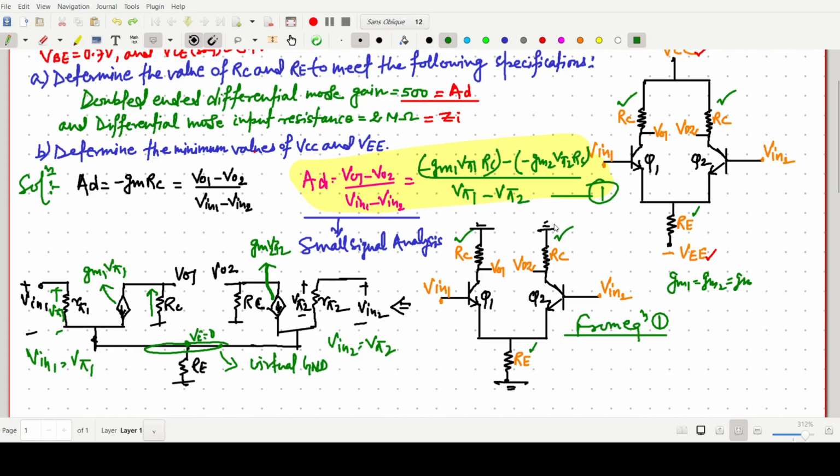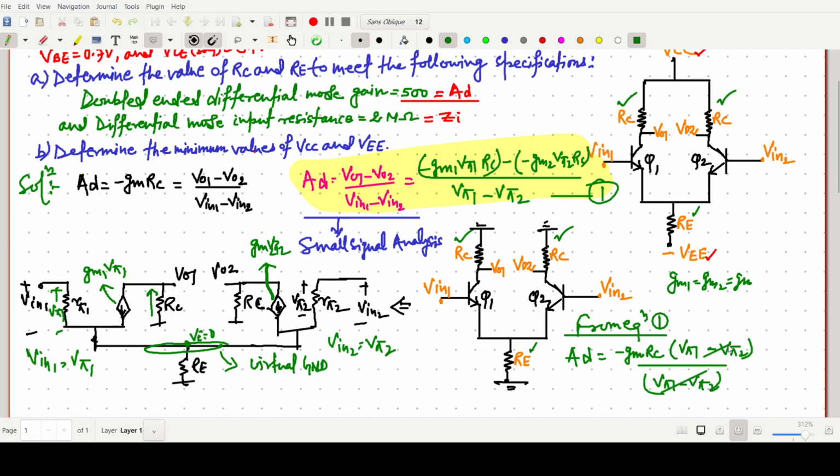This AD value, take GM1, GM2, GM, because all are symmetrical, and RC will be same, so we can take minus GM common and RC, because GM1, GM2, GM, so this value will be V pi 1 minus V pi 2, and this will be V pi 1 minus V pi 2.